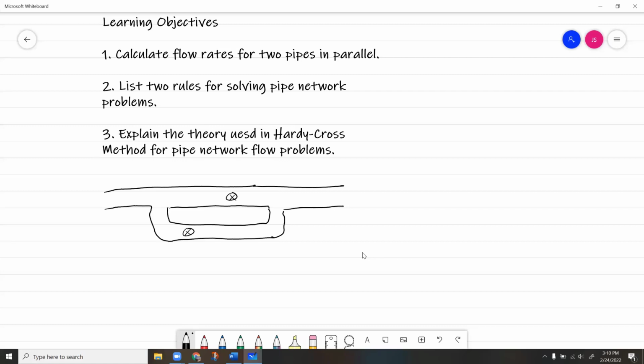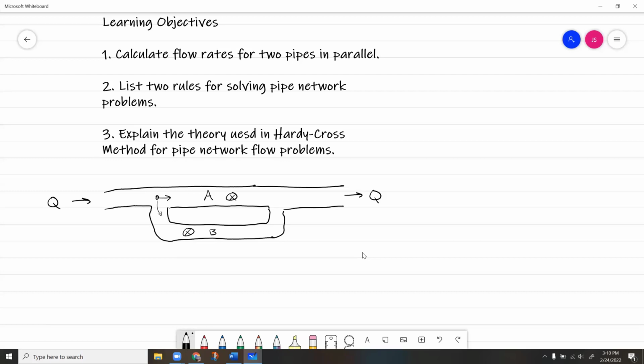And we've got flow coming in, we've got flow coming out. And if these valves are open, then we're going to have flow entering and leaving these pipes, right? Some of it's going to go here and some of it's going to go here. We'll call this pipe A and we'll call this pipe B.